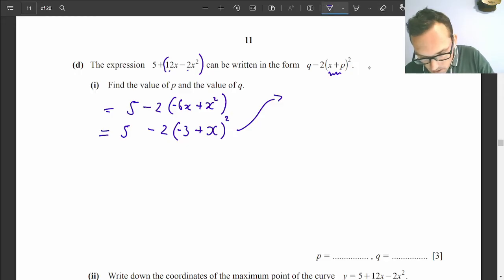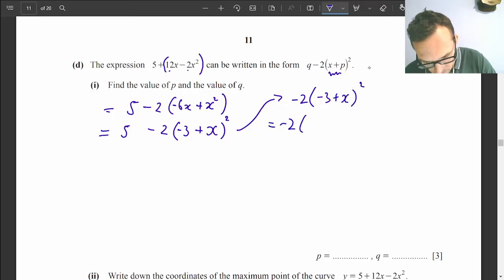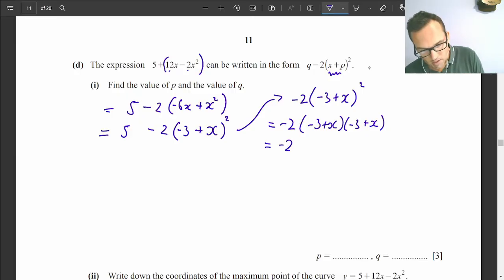Okay, so here we go. We've got minus 2 bracket minus 3 plus x squared. Leave the minus 2 in front. Minus 3 plus x squared means minus 3 plus x multiplied by itself. So that will give us minus 3 times minus 3 is 9. Minus 3 times x is minus 3x. x times minus 3 is minus 3x.